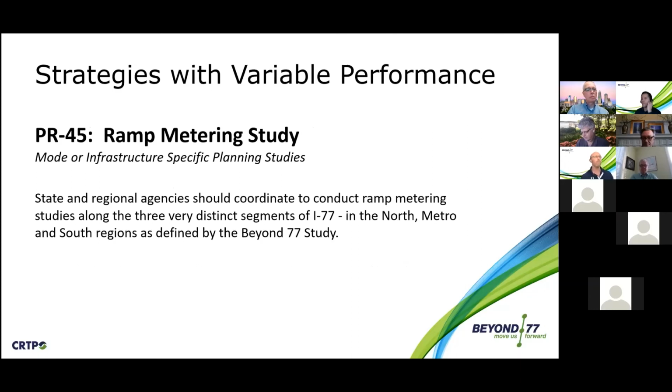I know that it may have been done in pieces or segments, but we actually recommend doing a ramp metering study in the 3 separately distinct defined geographic zones of the study area: the north, the metro, and the south, which is basically broken up by the 3 counties the study area impacts, because they are pretty distinct travel markets, serving kind of different needs and very different interchange setups. And so this is one of those recommendations we felt was important to at least include initially, and if it needs to be changed or edited somehow, especially to reflect past efforts, which we were not aware of, we will certainly do that.